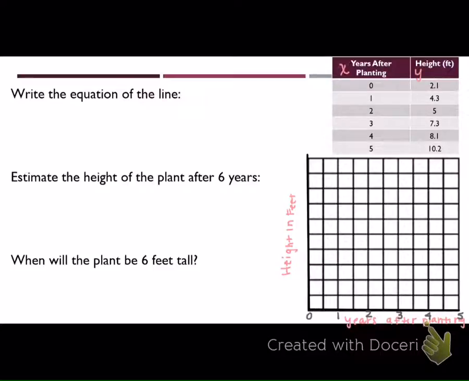I think there's 10 here, so I'm just going to count by ones on the y. The 10.2 won't go much over the graph, so it's not a huge deal. All right, go ahead and get that copied down and plot your points when you're ready. Just do as good as you can based on the decimals.